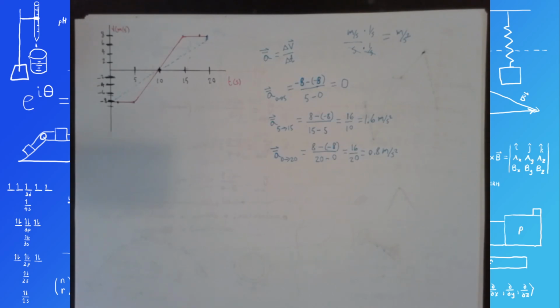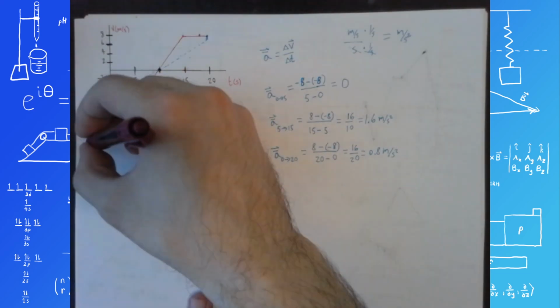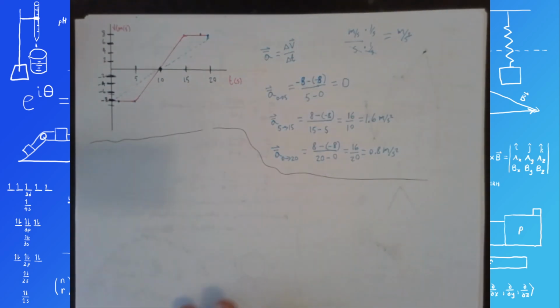Now let's introduce a very, very simple one-dimensional motion problem. We have a car traveling in a straight line, and this will be what we wrap up with for today.